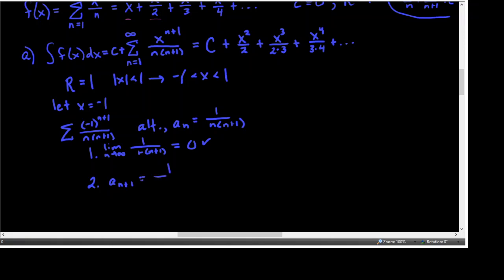That's going to be 1 over n plus 1 multiplied by n plus 1 plus 1, aka n plus 2. And then we're going to compare that to a sub n, which is 1 over n times n plus 1. Okay, the denominator on the left is definitely a bigger denominator, which means that the fraction on the left is definitely less than or equal to the one on the right. And since a sub n plus 1 is therefore less than or equal to a sub n, that passes the second test, and we have convergence at x equals -1.